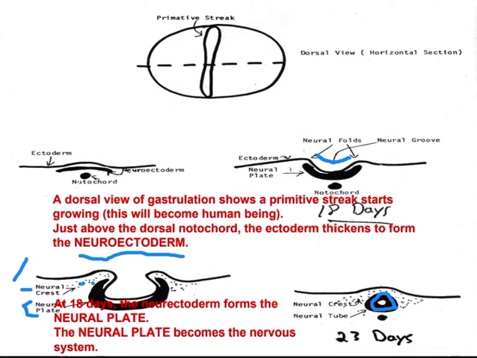Next to it we have small neural cells from the ectoderm again. These are the crest. So by 18 weeks, the neuroectoderm, since we now call it neuroectoderm instead of ectoderm, forms the neural plate. The neural plate becomes our nervous system.